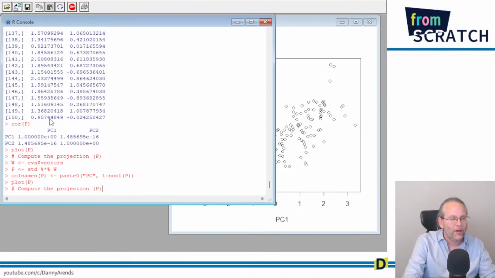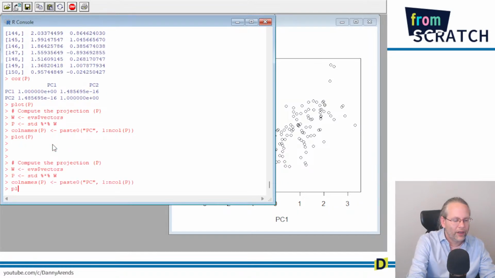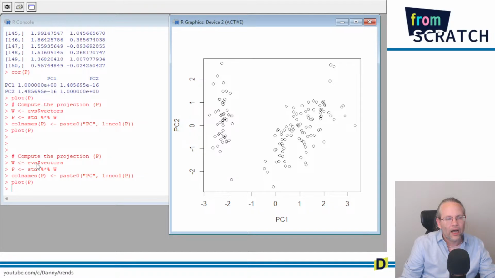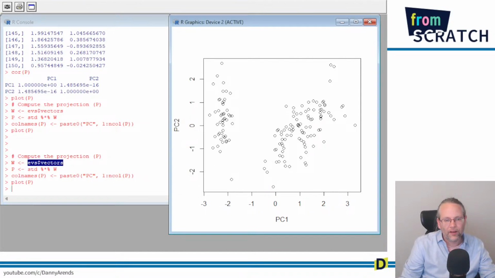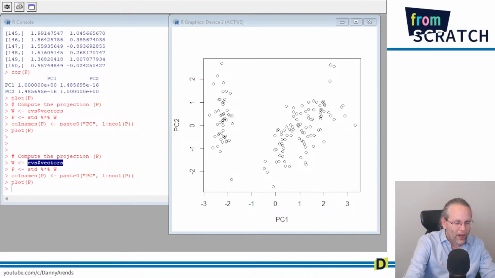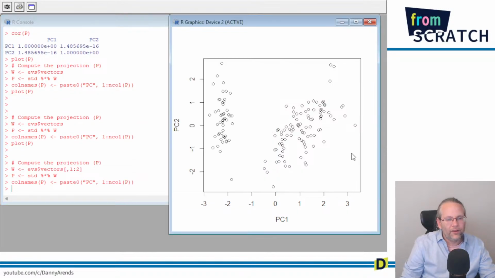So let's go up. This is what I see when I look at the first 2 principal components of P after I've used all of the eigenvectors. It looks like this. If I only take the first 2 eigenvectors, you can see it looks almost identical.